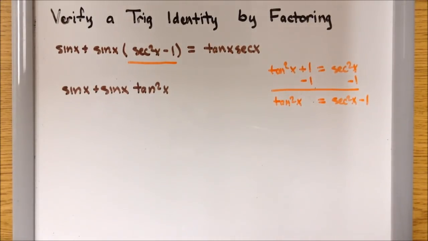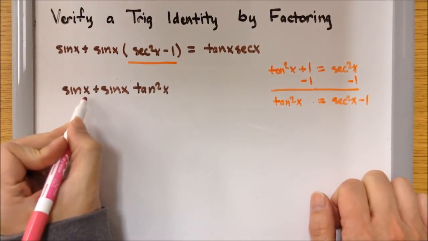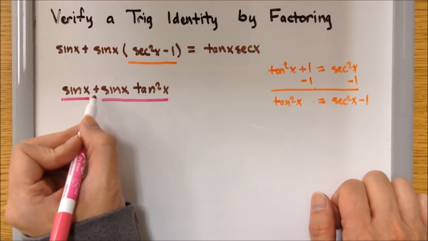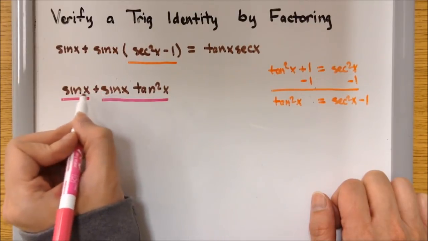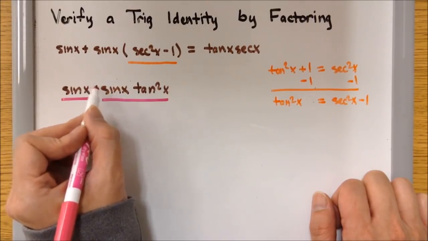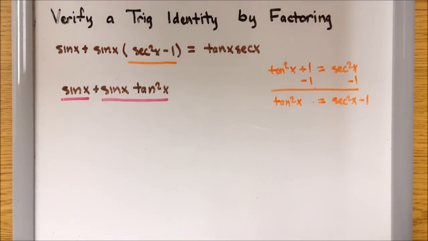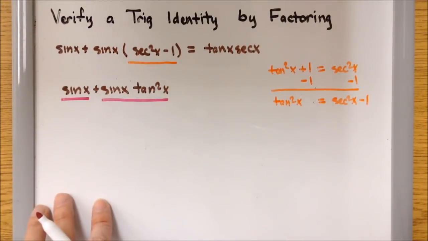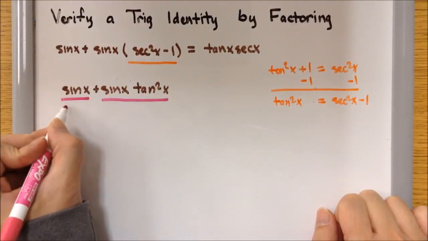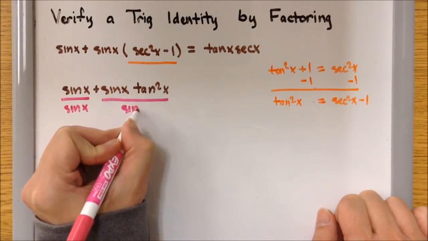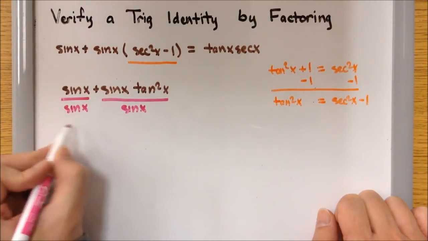So there's two parts. Here's the first one, and then here's the second one. As I stated in the previous example, these two parts are separated by the operation plus, including the minus. So what's in common between these two terms is the sine of x. So I'm going to factor out sine of x on both parts, and like I said, it doesn't go away.